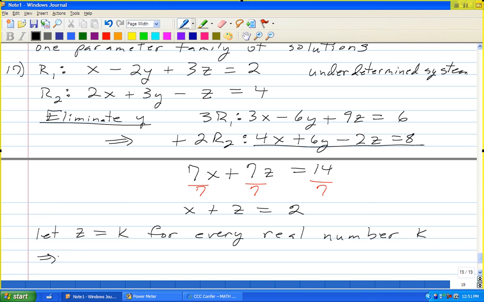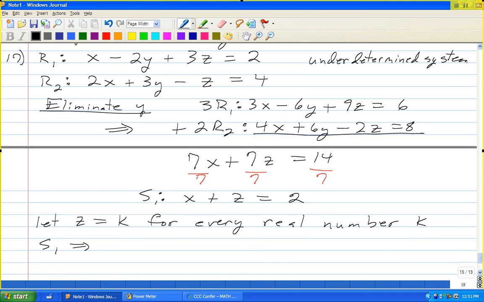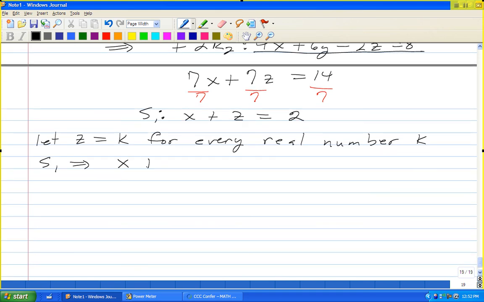Then this equation, maybe I'll call it S1, becomes x plus z equals 2. And so subtracting k from both sides, you get x equals 2 minus k.